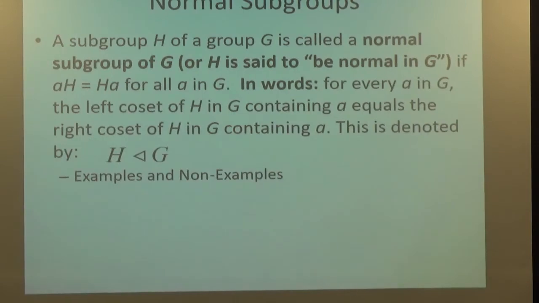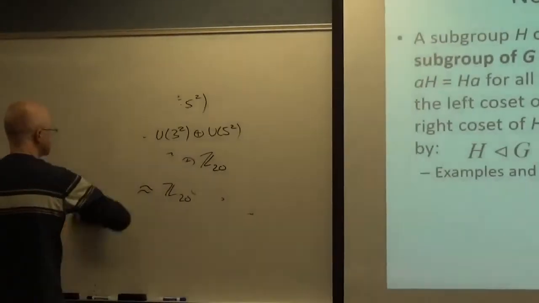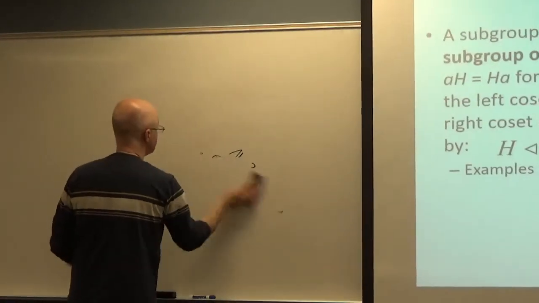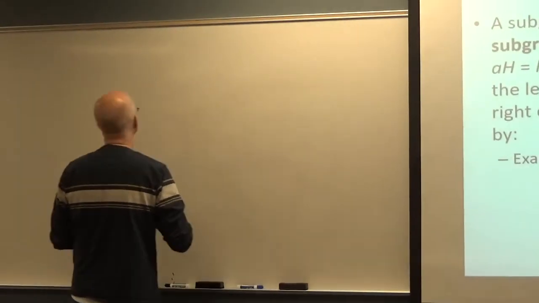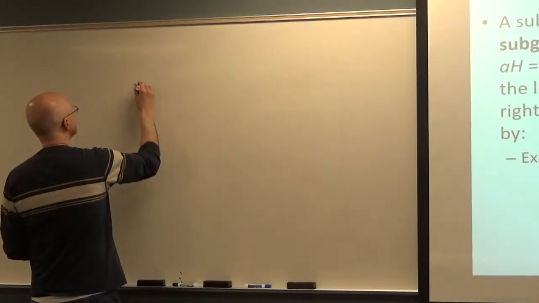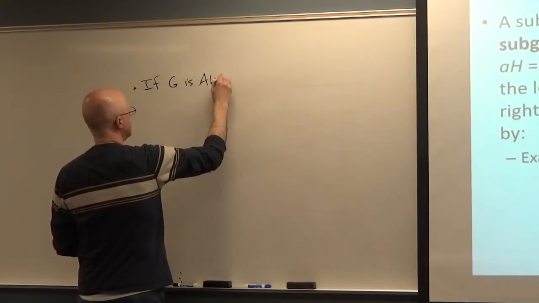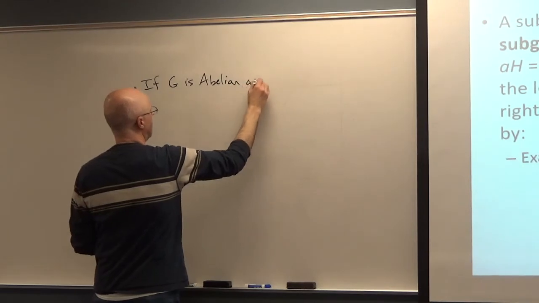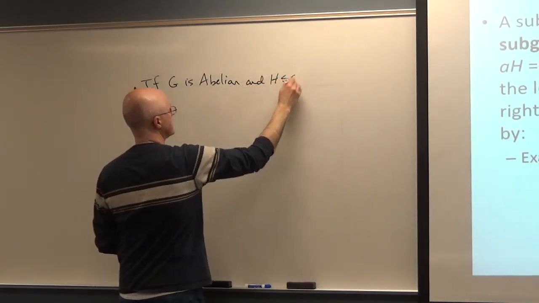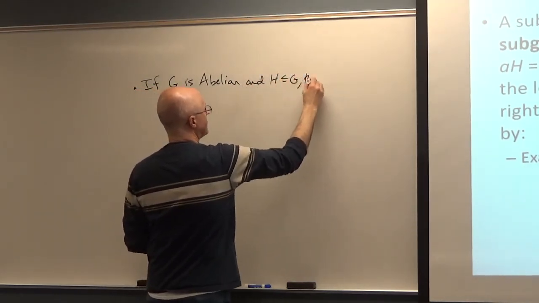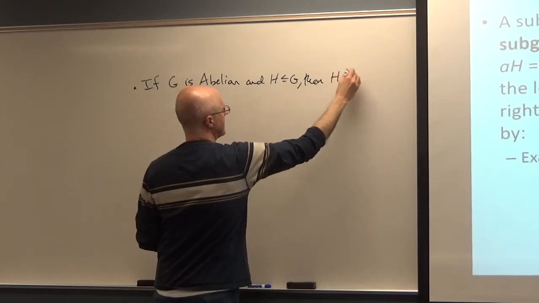I mentioned some examples last time. I'll mention them again. The most fundamental examples right off the bat. If G is abelian and H is a subgroup of G, then in fact H is a normal subgroup of G. That should make sense. It's abelian.